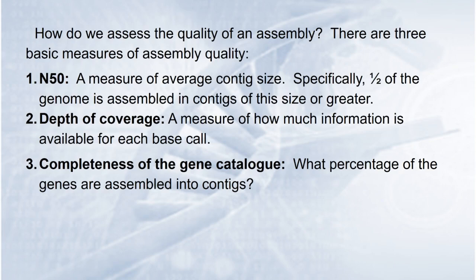Another very important way of representing the completeness of an assembly is by looking at the gene catalog. And there are mechanisms for doing this. We probably won't do this in the context of your assemblies, but we might.